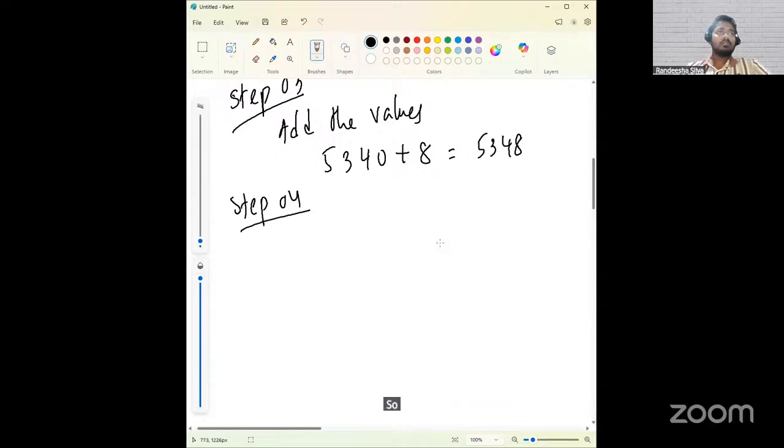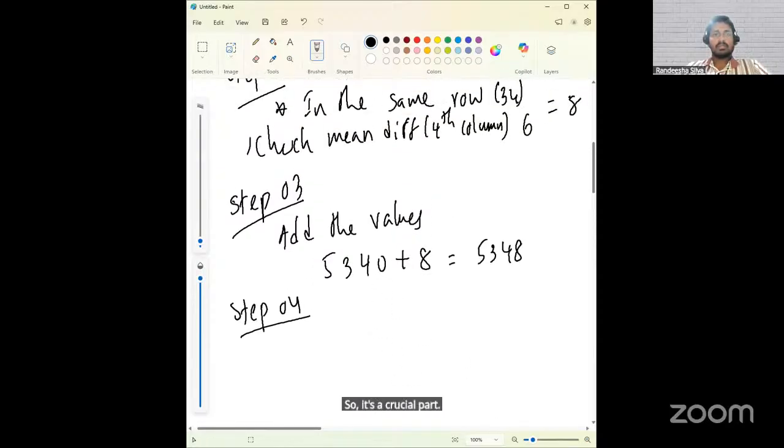Here I have to teach another thing now. It's a crucial part. In this type of 4-digit number, we have one theoretical part called the mantissa and what else?